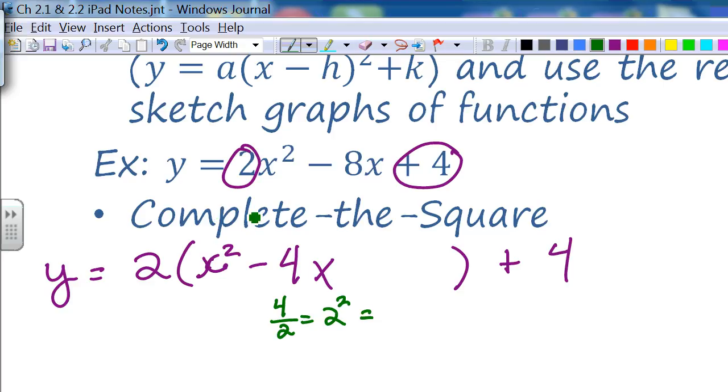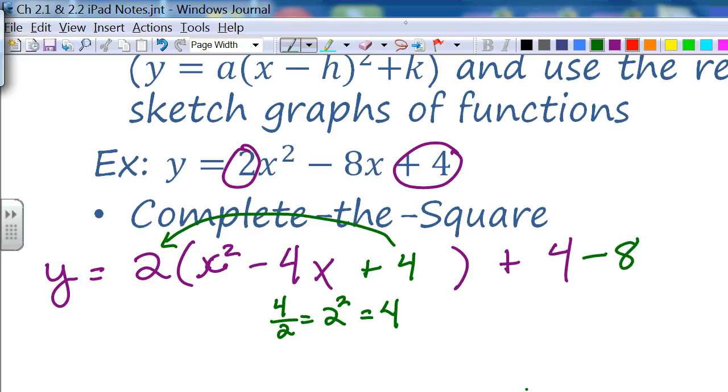Then you square that answer. That's what you add inside. To keep this balanced, if I add it, I'm also going to have to subtract the same amount. But I haven't just added 4, I've added 4 times 2. So I added 8, so I have to subtract 8.